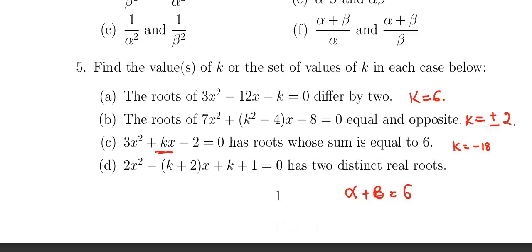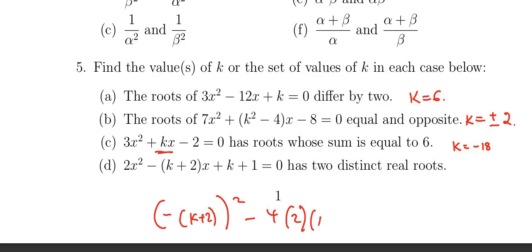According to your question here, your a is 2, your b is k plus 2, negative. So the formula is supposed to be b, so b is negative k plus 2 squared, then minus 4ac. This will be greater than 0.